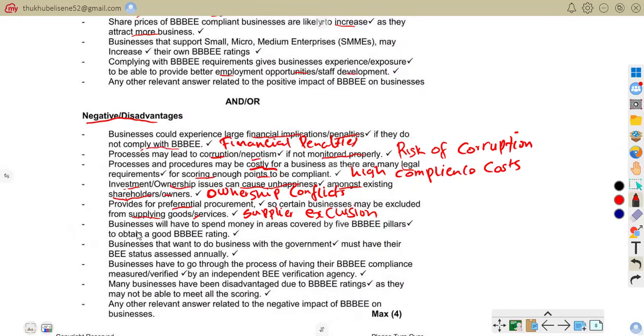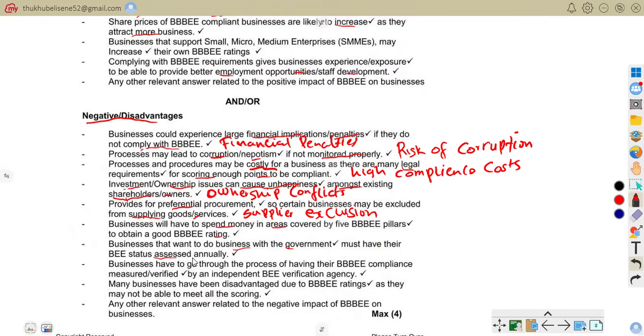Business will have to spend money in areas covered by the five BBBEE pillars to obtain a good BBBEE rating. Again, businesses that want to do business with government must have their BBBEE status assessed annually so that we can see whether they will qualify.